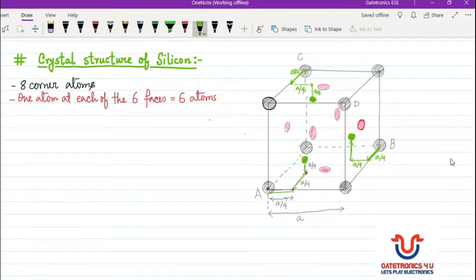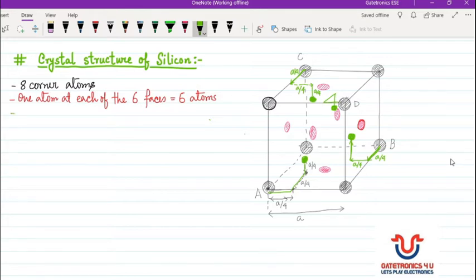Similarly, we will get another atom if we move in this fashion, and we will get one atom at this point. So you can see there are four atoms. If the two atoms are in the AB diagonal, then the other two atoms will be in the perpendicular diagonal always. So this is the total structure of the unit cell of silicon.